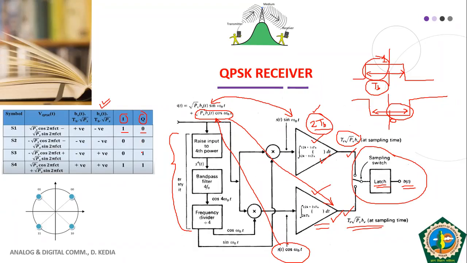And as I told you, the main advantage of digital modulation technique is to detect whether my bit is 1 or 0. That 1 or 0 can be detected depending on whether the output of my detection represents a positive value or a negative value. Fine. So this is our QPSK receiver.